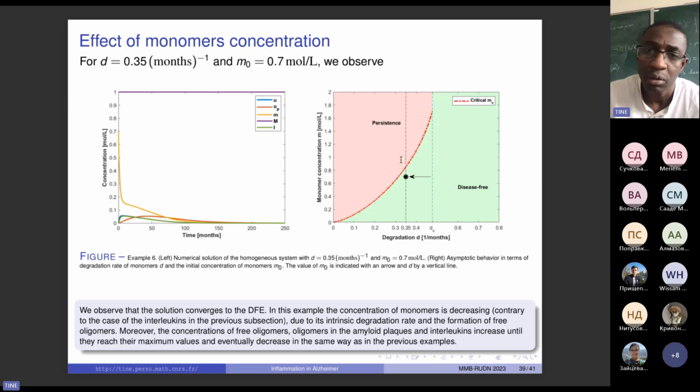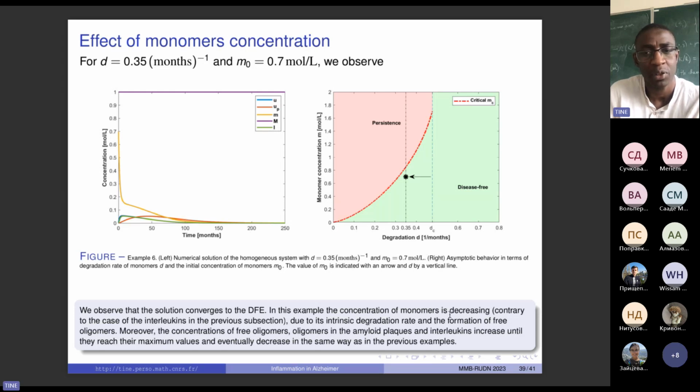When we are above this critical value, we can have persistency of the disease. And if you are below this critical line, we have the disease-free equilibrium. So that means Alzheimer's disease does not persist here. The observation is that the solution converges toward the disease-free equilibrium.